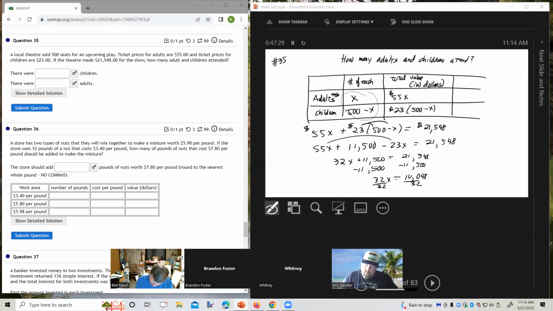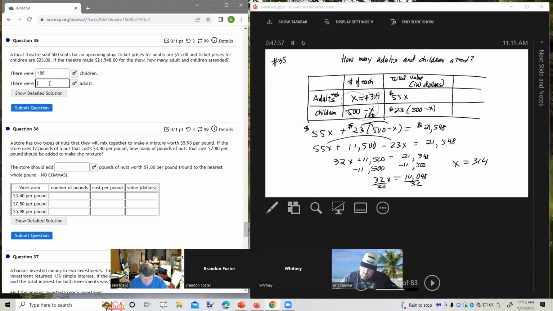Divide by 32. We get 314. So there's 314 adult tickets, and then there's 500 minus 314, which is 186 children's tickets.